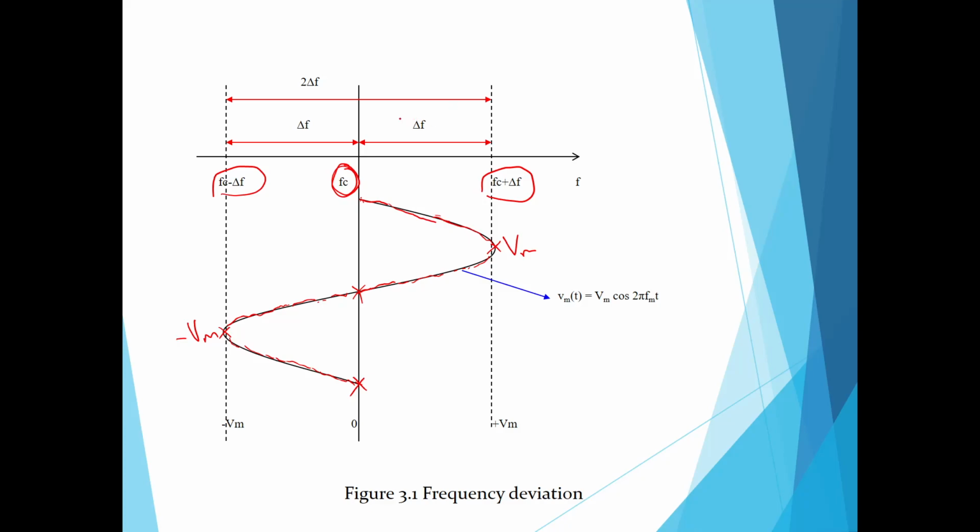Okay, so the difference of the carrier frequency here is delta F and delta F. So delta F is what we call the frequency deviation parameter, and 2 times delta F is the maximum deviation from positive to negative. So 2 delta F is what we call the carrier swing.